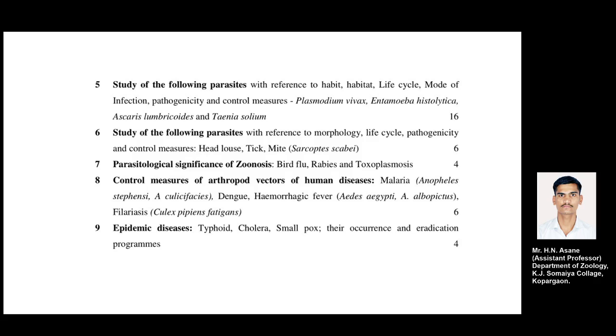And now we are moving towards the last but not the least, the ninth chapter, the epidemic diseases. Okay, epidemic diseases like typhoid and cholera. Typhoid fever is a man-only disease, caused by the bacteria known as Salmonella typhi.